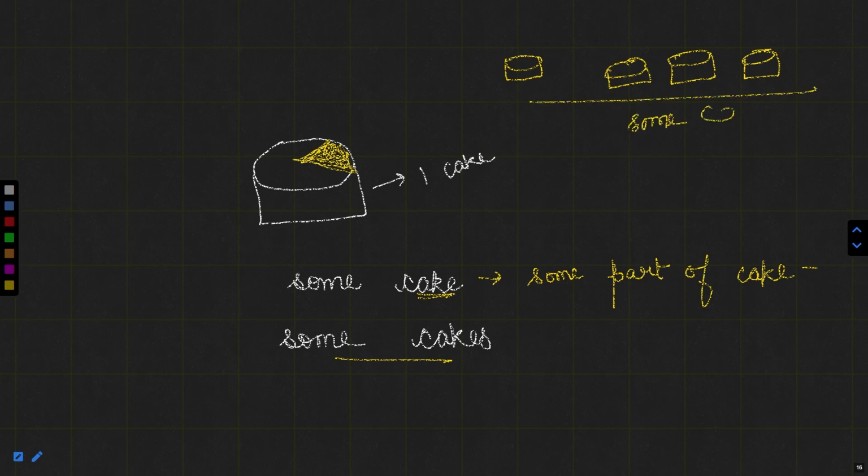And if I say some cake, it means some part of this cake. So this is the difference between a particular noun being used as a countable or uncountable noun while using the determiner some with it. You should keep this in mind.